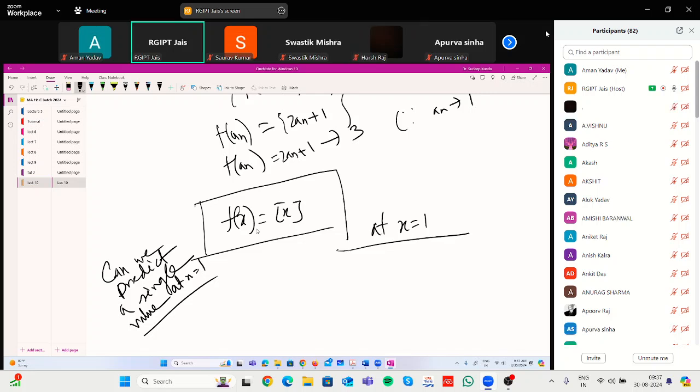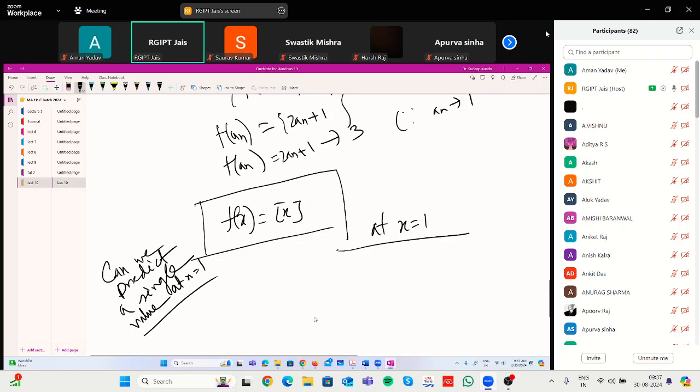So what kind of sequence should you consider? Some sequence which converges to 1. The limit does not exist here, right?